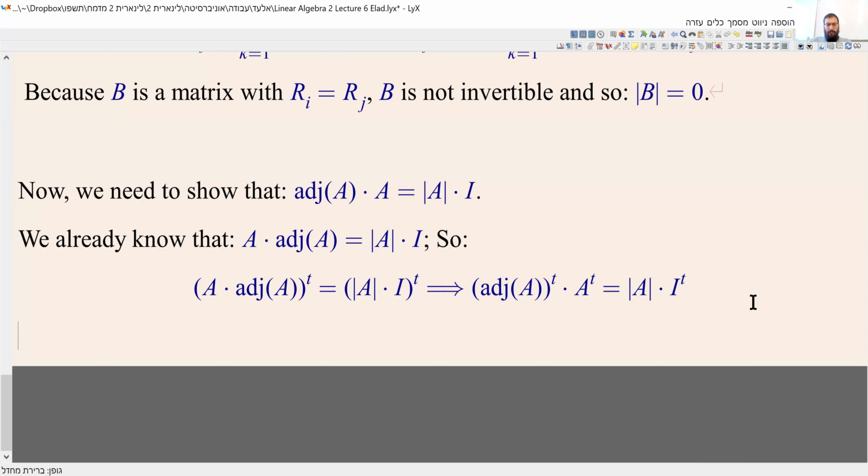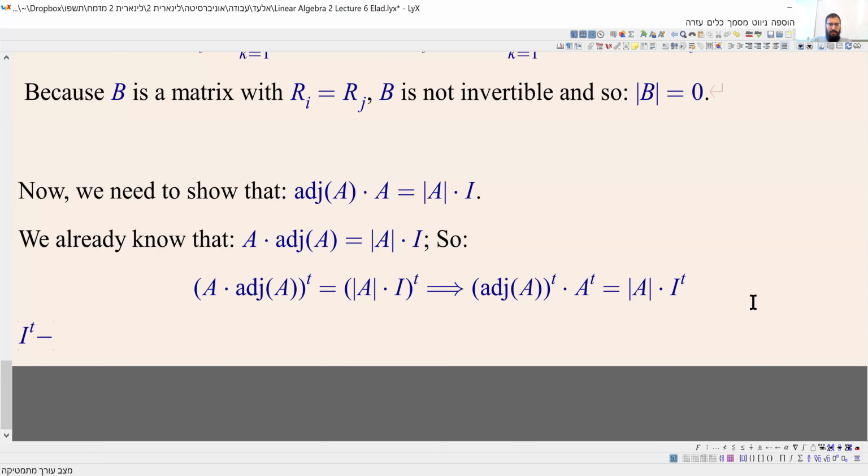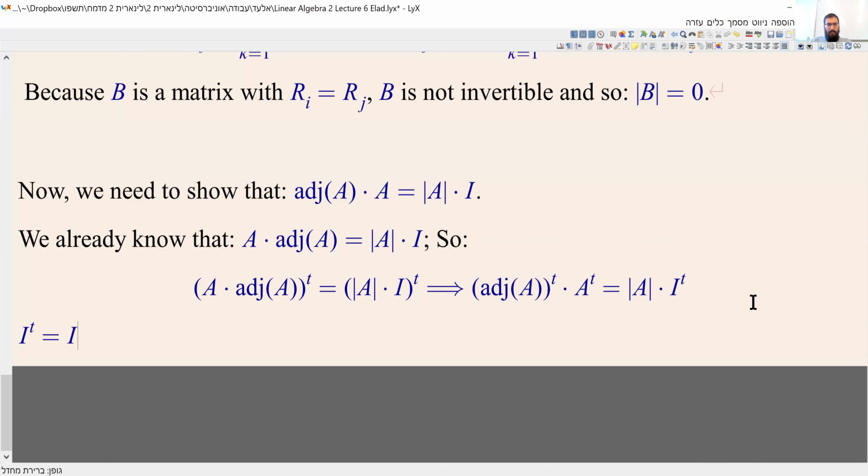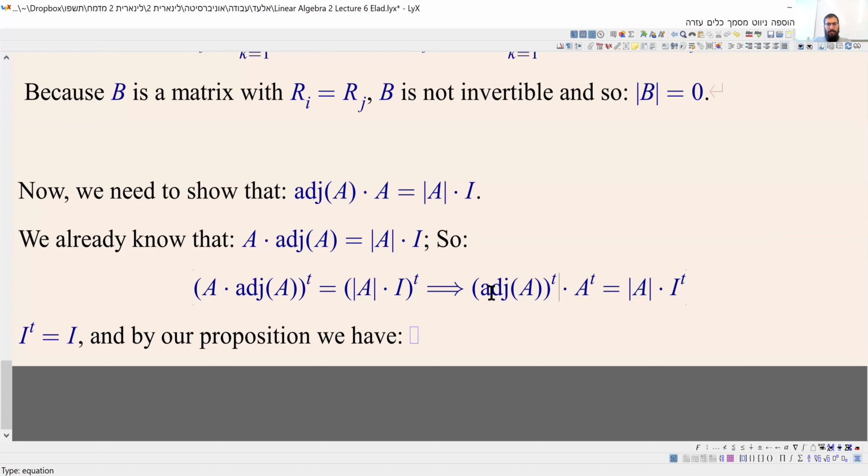So I transpose is I, and by our proposition, we have that the adjugate of the transpose is the transpose of the adjugate.